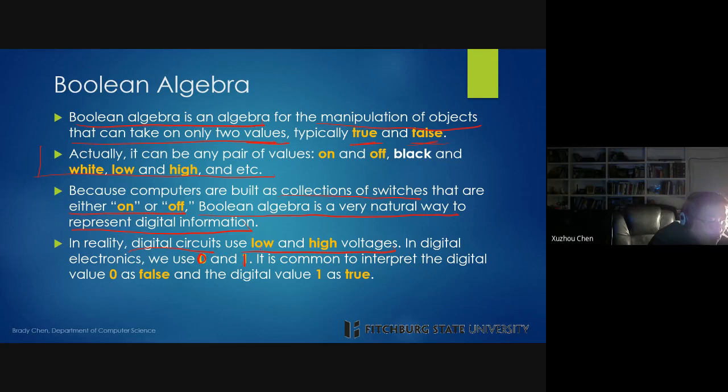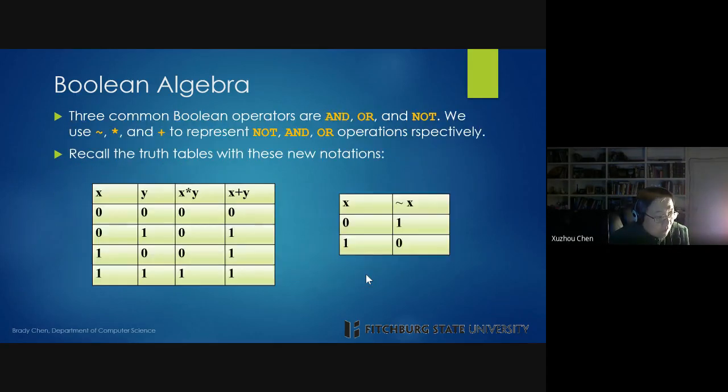Number 0 means low voltage, number 1 means high voltage, or 0 means off and 1 means on. Either way, you are just representing two states. So it's common to interpret the digital value 0 as false and the digital value 1 as true. Now we're going to switch to Boolean algebra, so we're only dealing with the numbers 0 and 1.